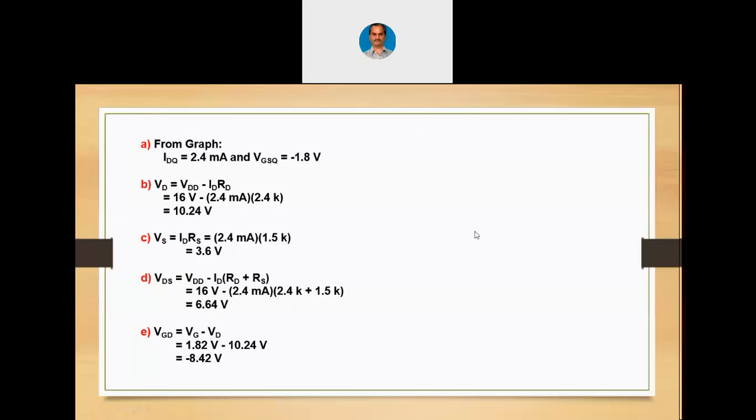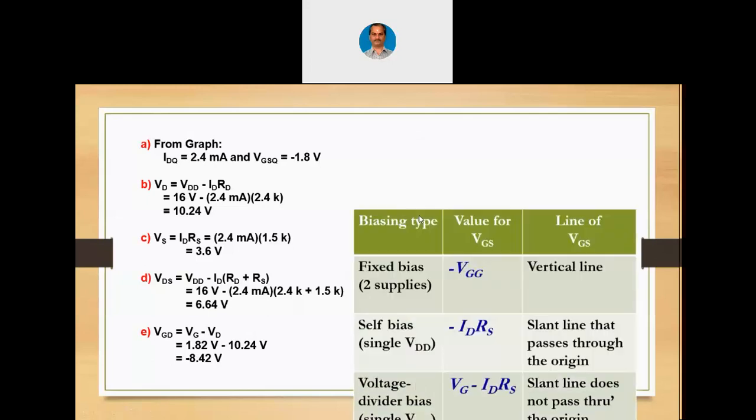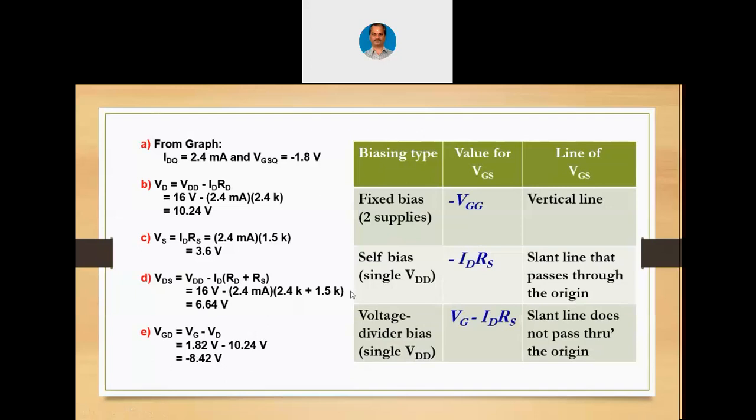Now to come to the summary of these three circuits, I have a tabular column here where you can see we are comparing all the three. The biasing type, if it is fixed bias, we have two power supplies there. We should individually have a power supply for the gate and individually have a power supply for the drain.